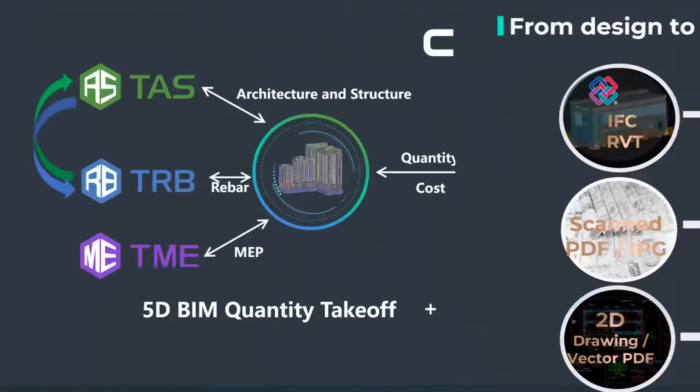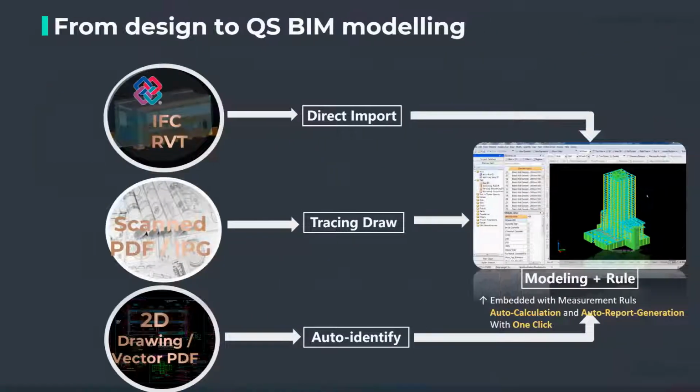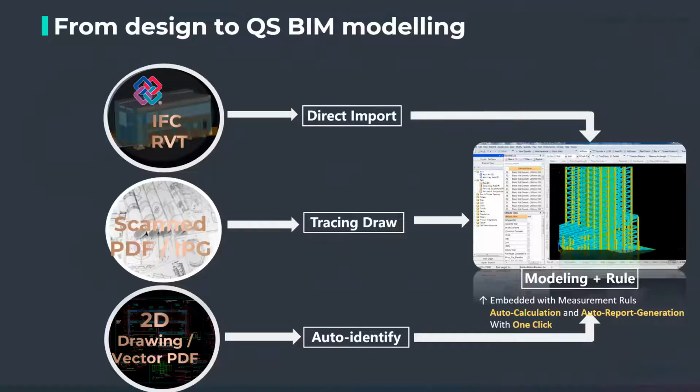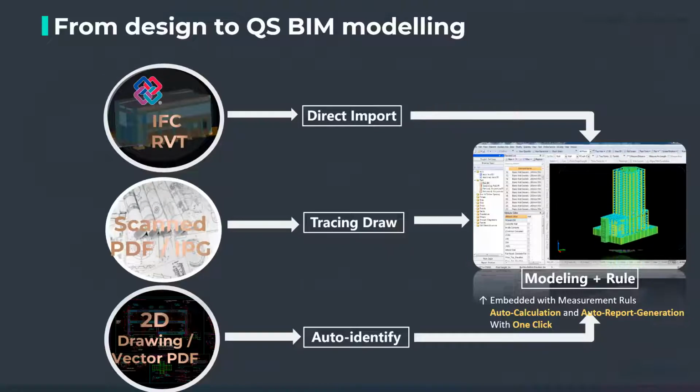And this is another illustration. In this illustration, you can see if you have an IFC file or a Revit model, you can directly import that particular model into Cubicos software. And within 5 minutes, you can extract all the quantities and generate quantity reports. Then if you have a scanned PDF or JPG drawing, you can create a 3D model on top of that drawing and quantify that particular building.